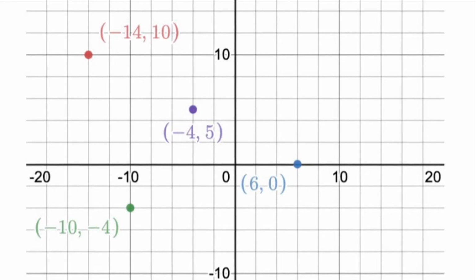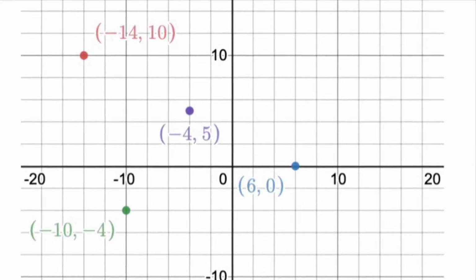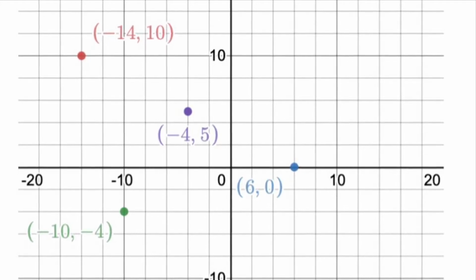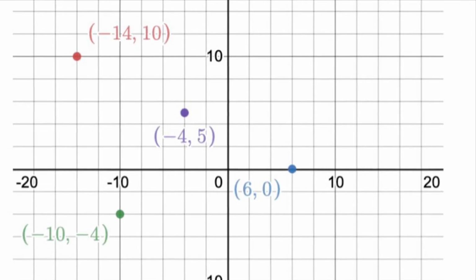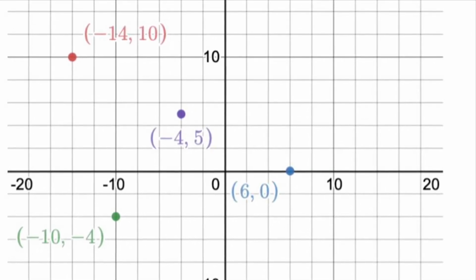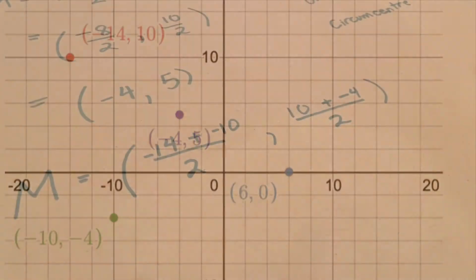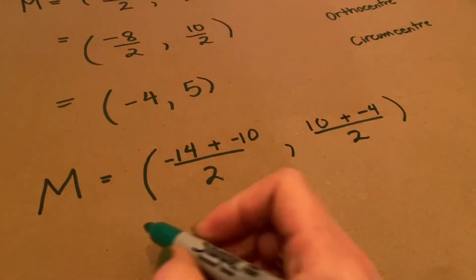I plotted that midpoint on my graph in Desmos. And now my next step is I want to find the midpoint between the red point and the green point and add that to my graph as well. Here I'm calculating my second midpoint.